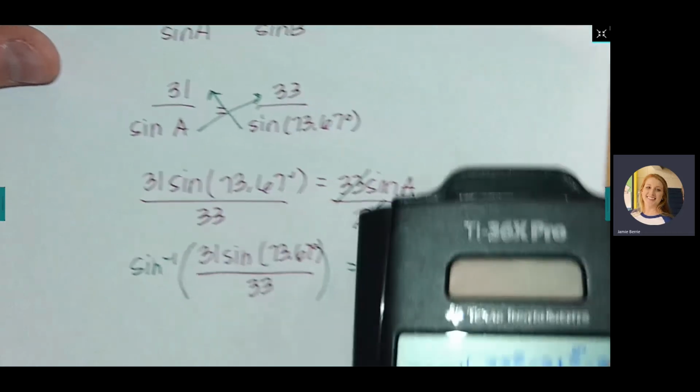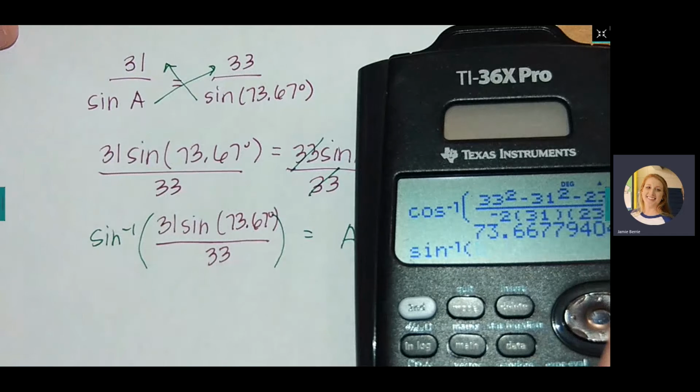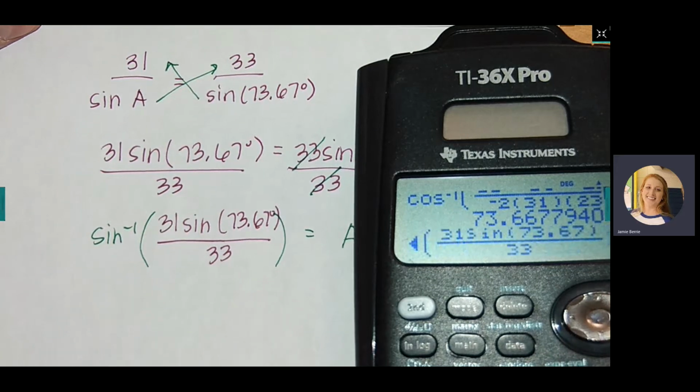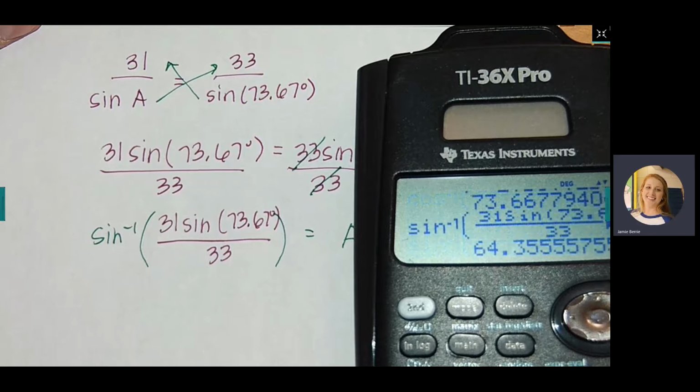I'm just taking inverse sine of 31 times sine 73.67 over 33. 64.4. Oh, no, I'm sorry. I keep forgetting how many decimal places we're using. We're using 2 here.